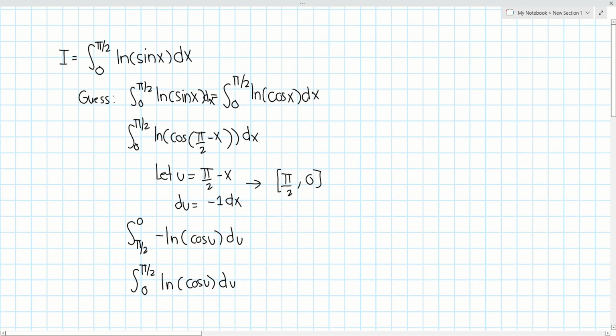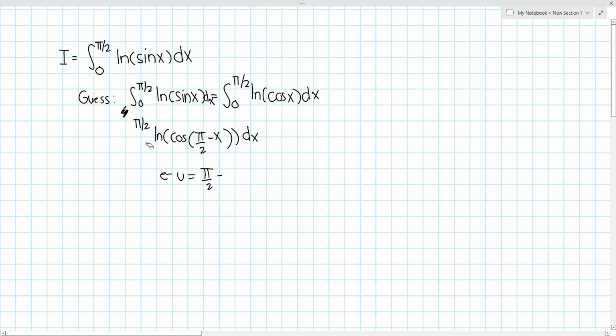We started at ln of sine x and ended up at ln of cosine u. So we can conclude that the integral of ln of sine x dx from 0 to pi over 2 is equal to the integral from 0 to pi over 2 of ln cosine x dx. Okay, that's a good one.